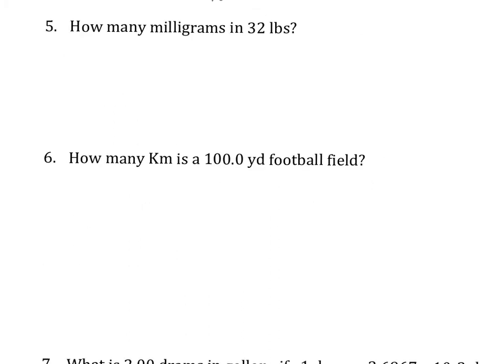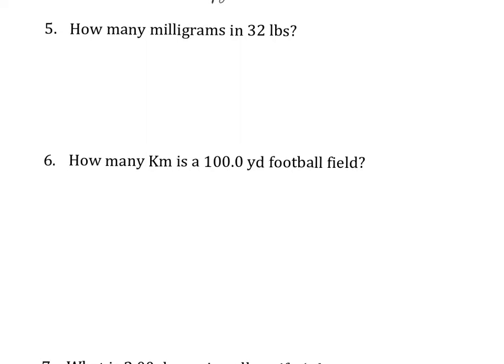These next two problems are examples of English to metric conversions, and in problem number 5, we're asked to go from pounds to milligrams. And I'm going to give you some important information necessary to make this conversion.